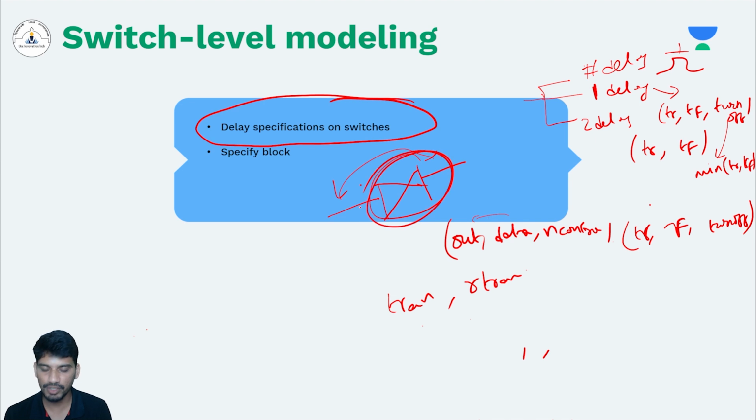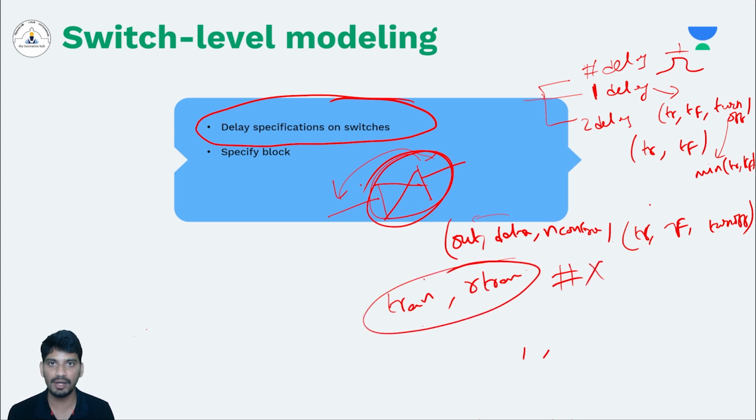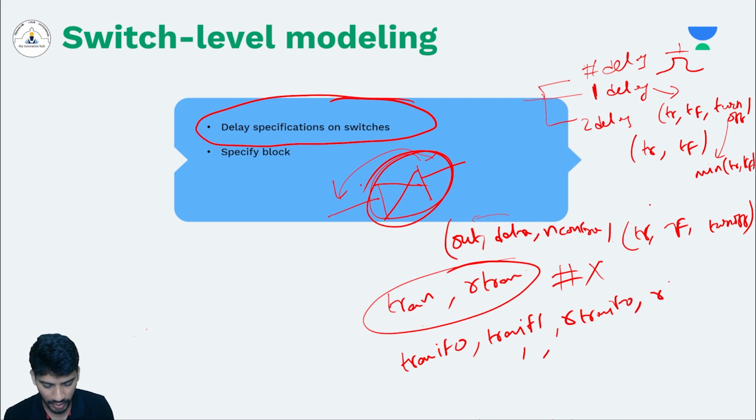So where will it be used? It will be used to isolate buses or signals. So in this case, you cannot specify any delay for tran or rtran. You can specify delays for tranif0, tranif1, rtranif0, and rtranif1. In these cases, you can specify the delay.